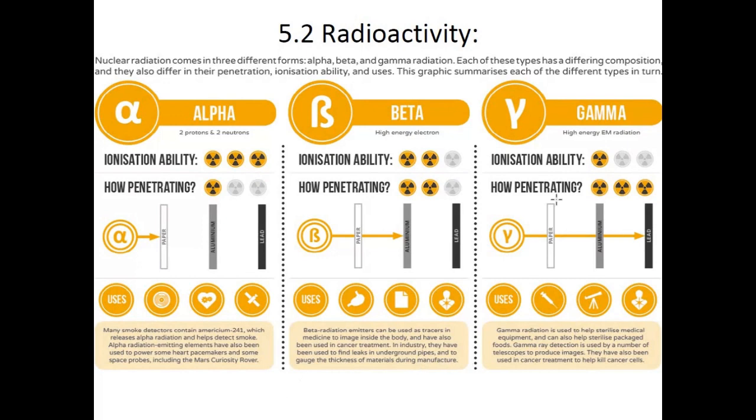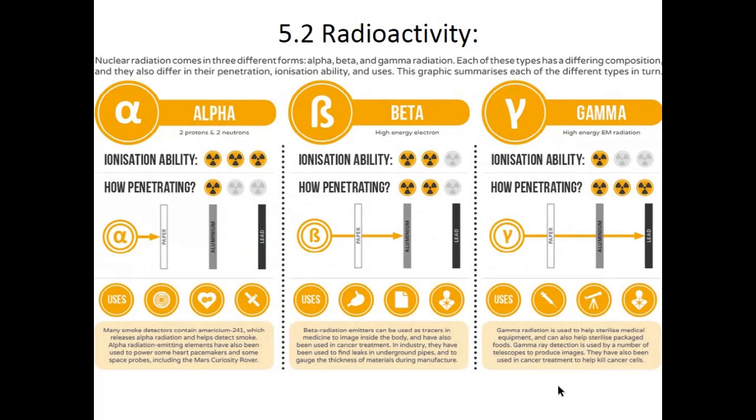Gamma rays have no mass. They are simply electromagnetic radiation. Their ionization ability is the lowest, but penetrating power is the highest or strongest. They can only be reduced by half by 2 to 4 centimeter thick lead. If you want to completely stop them, you'll have to use at least 4 to 6 centimeter thick lead, not millimeter, sorry.